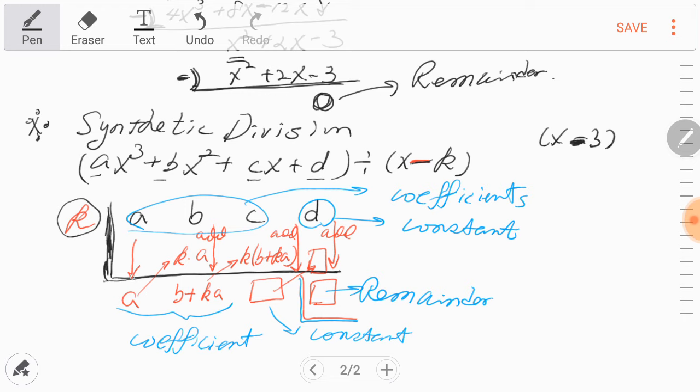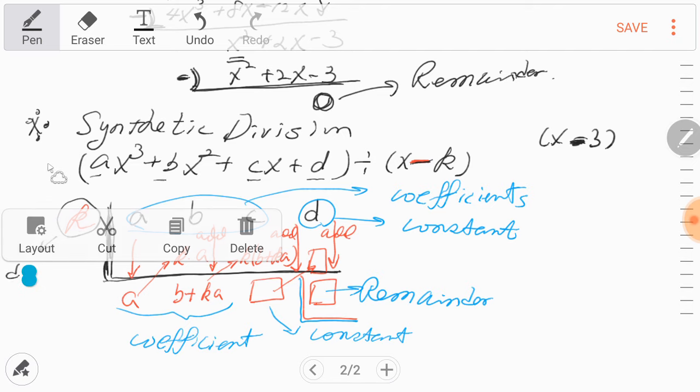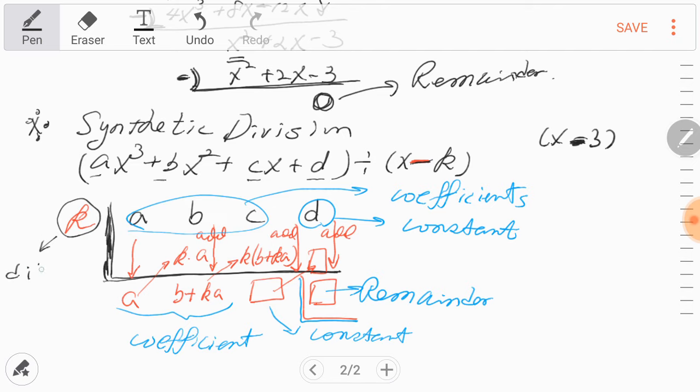Bring the first coefficient down, and then write the product with the divisor. Okay, this k is the divisor. So multiply this k by a. Write it on the second line, right below the coefficient b. So this is the product of k and a.